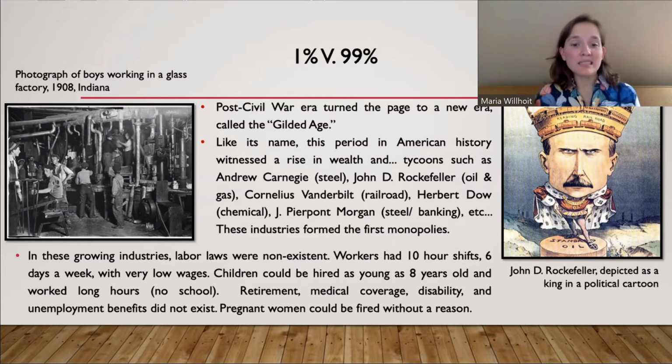But to be honest, it didn't matter for some of these workers, because it was still a job. And it was a big industry and a big employment sector for immigrants. A lot of the people that worked in these factories, like the glass factory, or even the coal mines, the steel mills, a lot of them were immigrants.